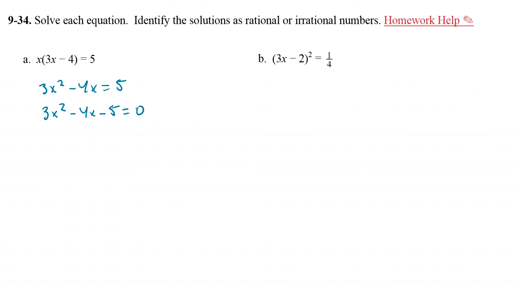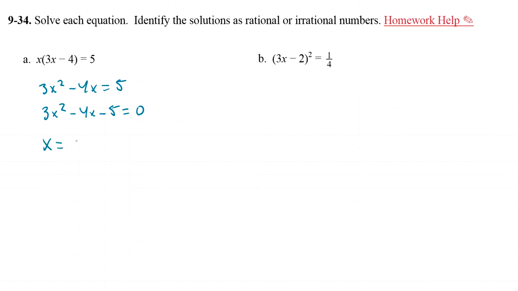So we see that we have a quadratic and we want to try and solve it. We have factoring, completing the square, quadratic formula, and I think quadratic formula is going to be the way to go. We have a coefficient here, so that makes completing the square difficult, and this number doesn't go into 4, so definitely quadratic formula.